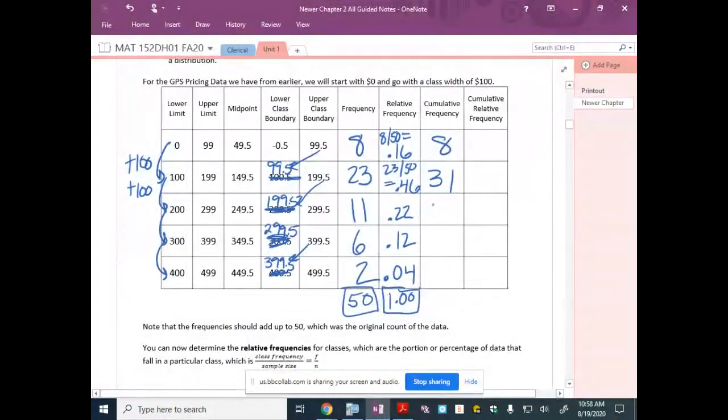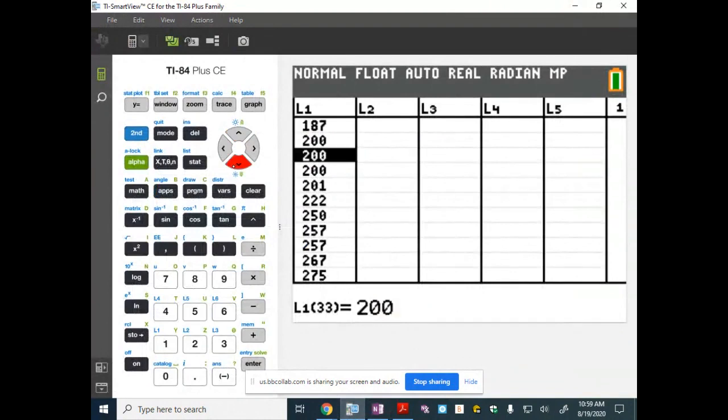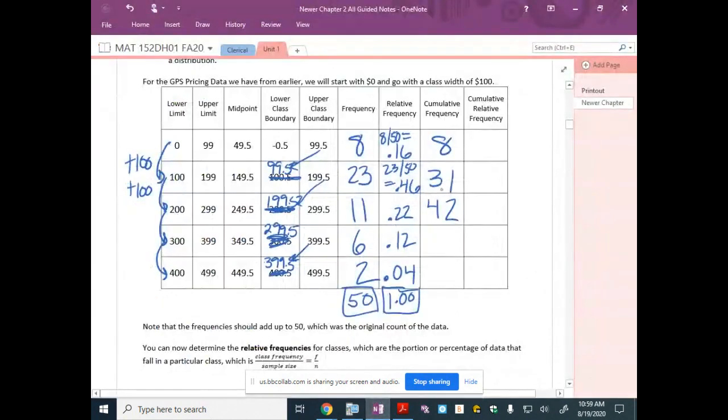So the next cumulative frequency, 31 plus 11, that would be 42, because you had 31 before and then 11 after. And if we go to the 299 mark, or the next one below 300, what would the next cumulative frequency need to be? 48.